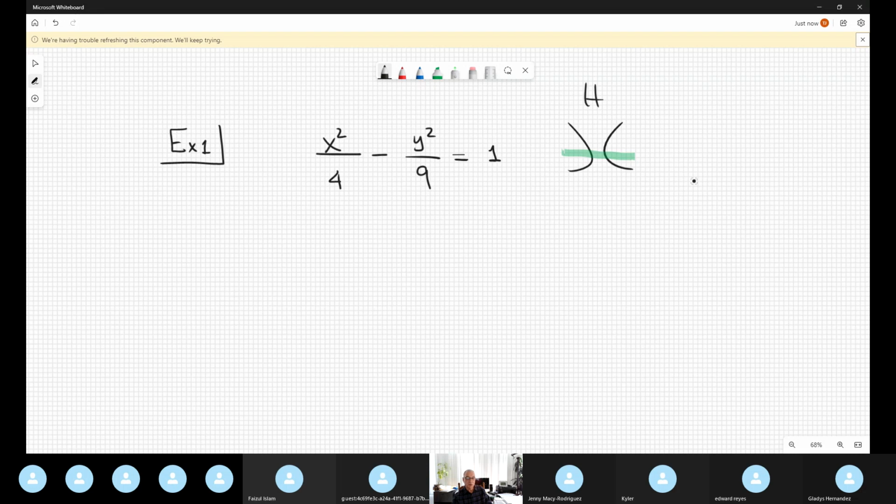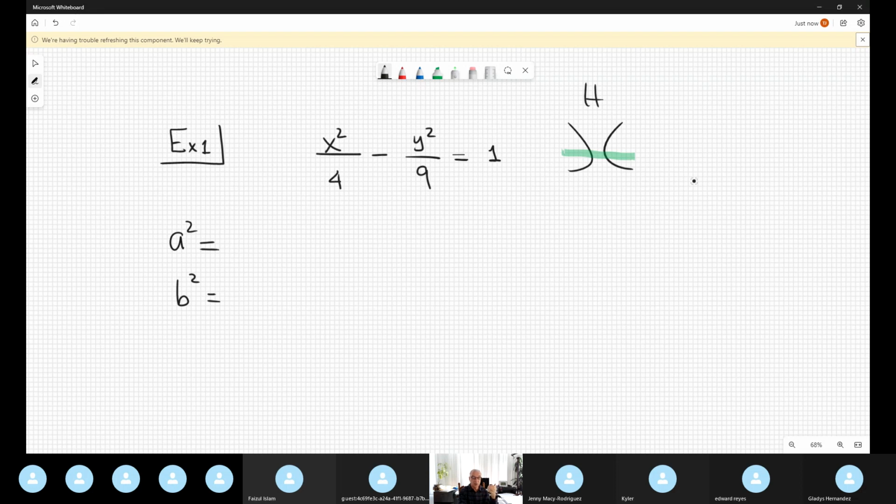Okay, it is horizontal. Then, who is a squared and who is b squared in this example? Please help me. You select two numbers, no? We have 4 and 9.